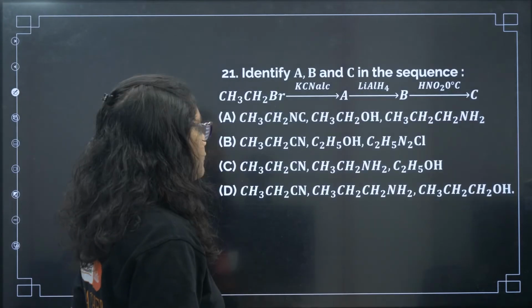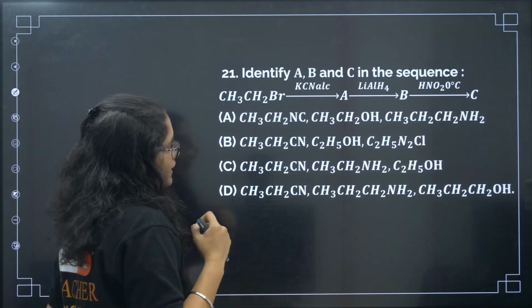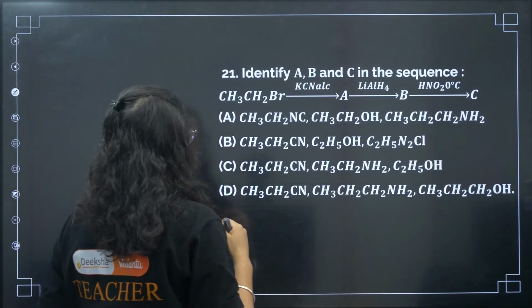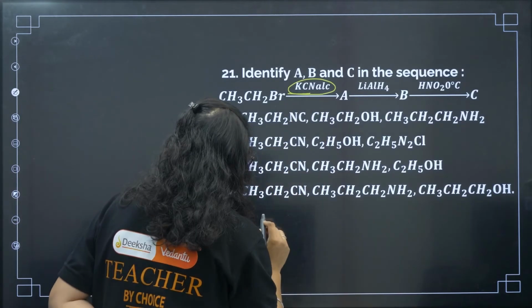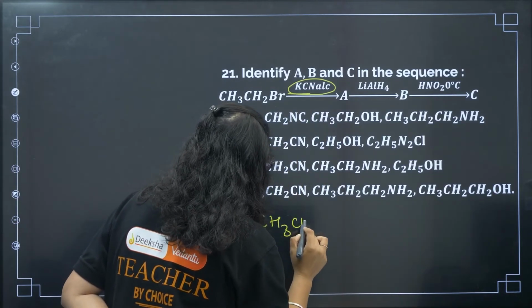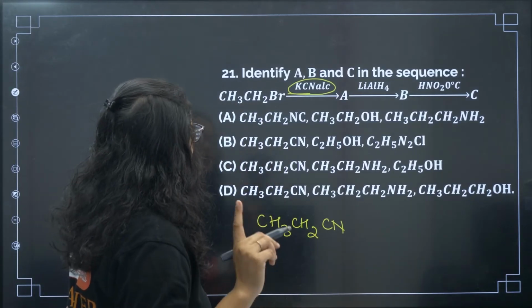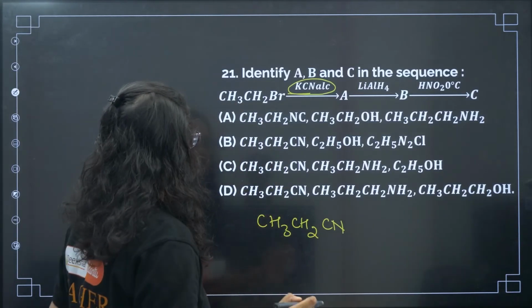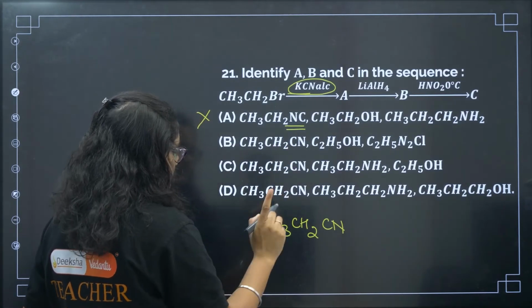Now coming to 21. So now we have moved to organic chemistry. Identify A, B and C in the sequence. So CH3CH2Br, you have treating it with KCN. So if you remember, we'll get CH3CH2CN, right? So your option A should be CH3CH2CN. So you can eliminate this option where it is NC, right? These three options can be there.